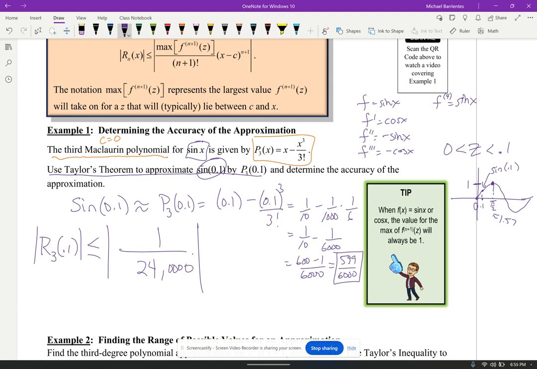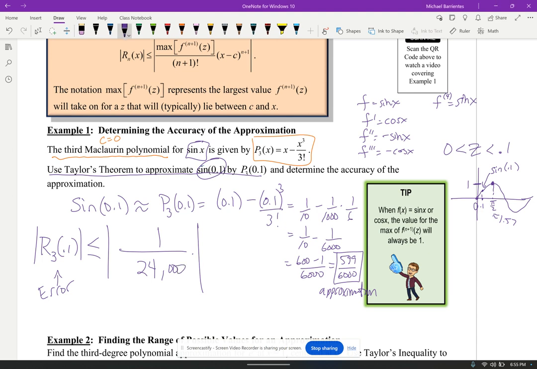And so therefore, my estimate that I found here in the box, so this was my approximation, the approximation accuracy, the remainder, the error, is less than or equal to 1 over 24 thousandths. I put an extra 0 there.